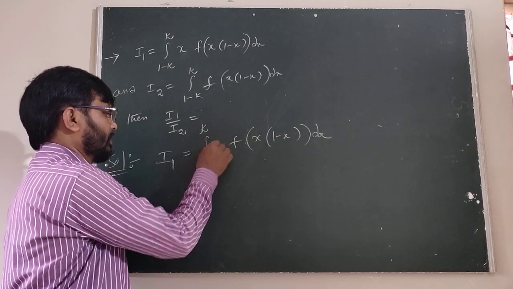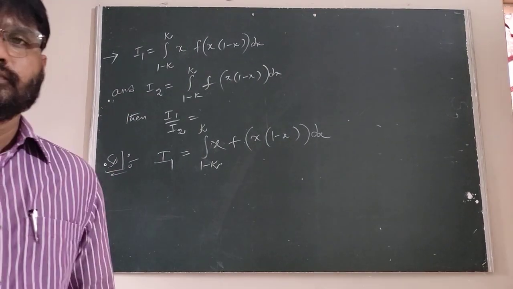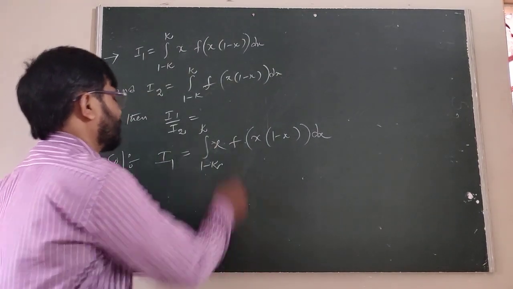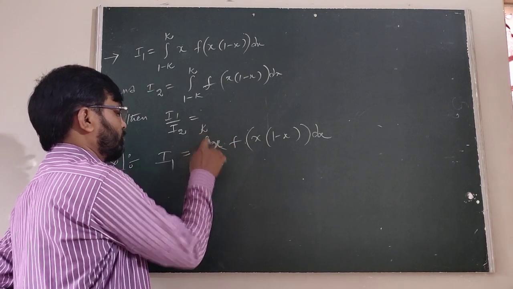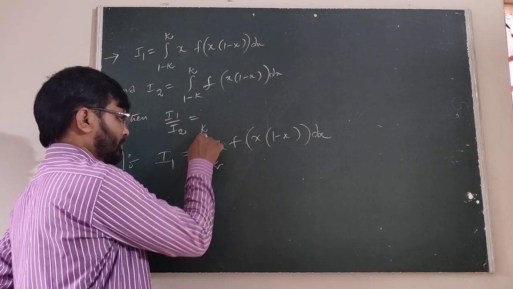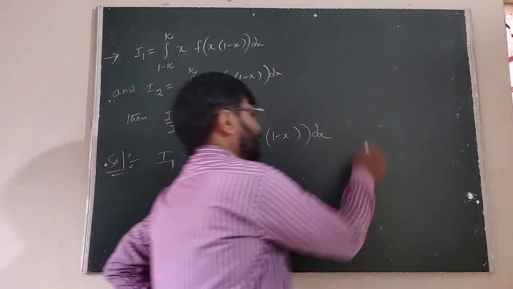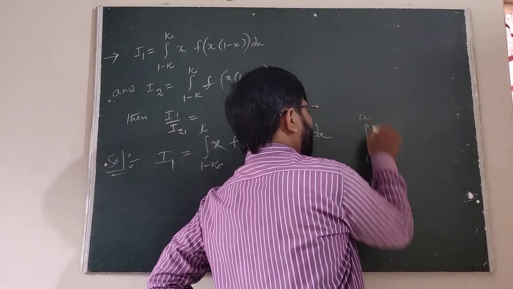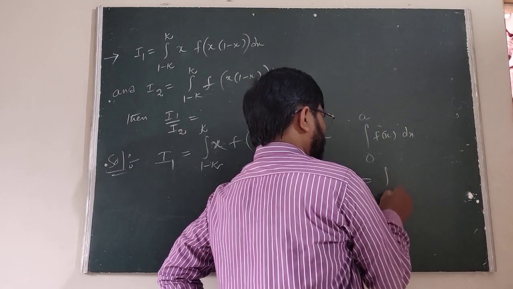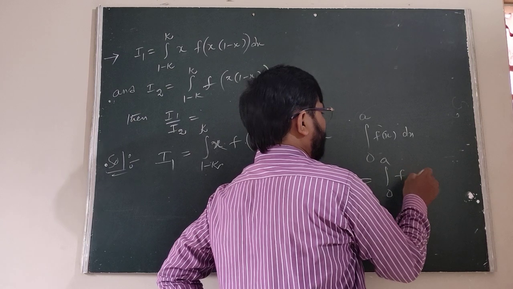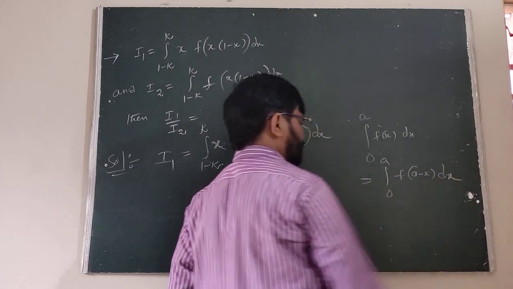Yes or no? Here we are replacing x by 1 minus x. Since when we are taking k equal to 1, undoubtedly it is 0 to 1. Therefore, we have to know that the integral 0 to a of f of x dx can be written as the integral 0 to a of f of a minus x dx. This is the form.